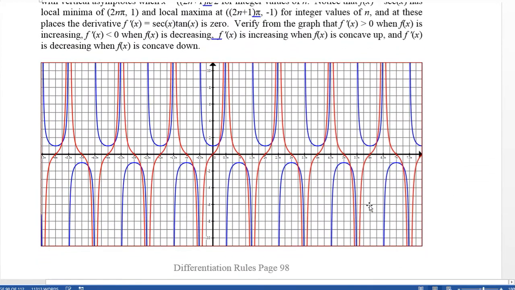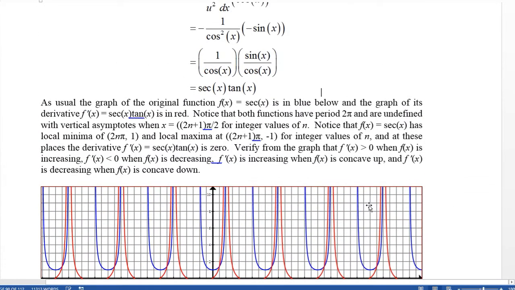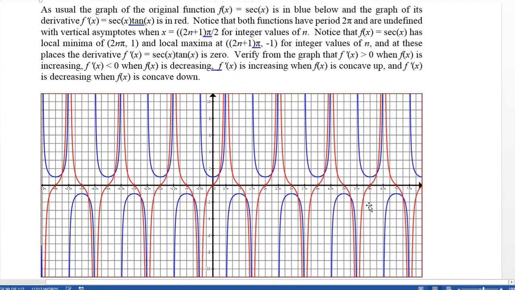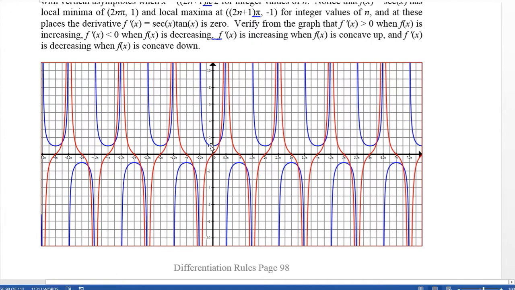Okay, here we see the results. So secant of x is our original function, which is in blue. And notice that its derivative, which is secant of x times tangent of x, is in red. So notice again some characteristics of this.